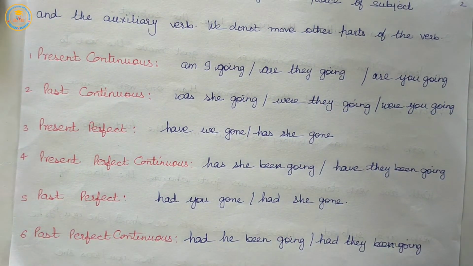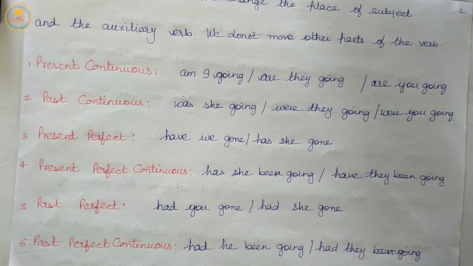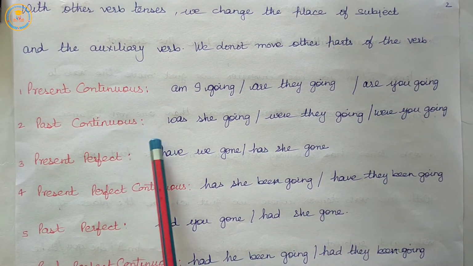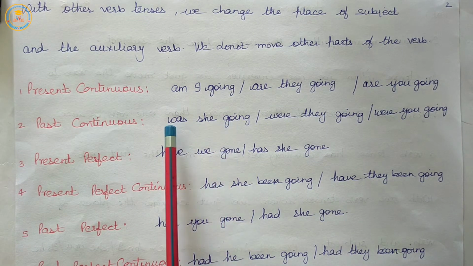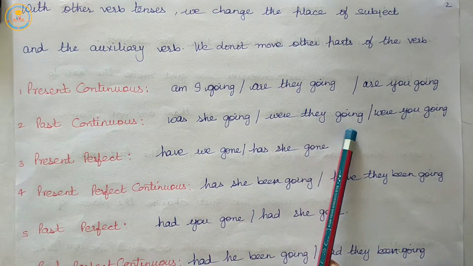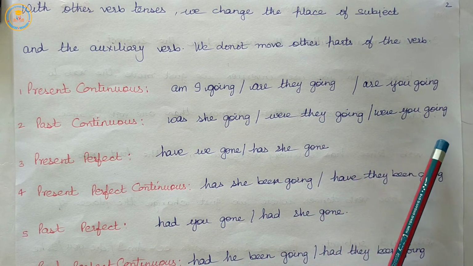Am I dancing? Are they dancing? Are you dancing? Am I laughing? Are they laughing? Are you laughing? In past continuous: was she going? Was she laughing? Was she eating? Were they going? Were they singing? Were they laughing? Were you going?